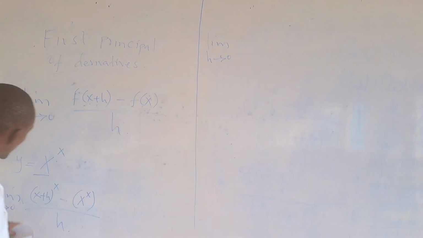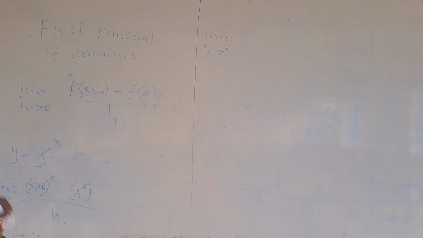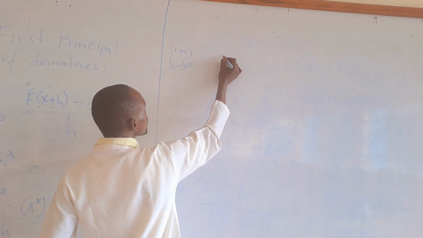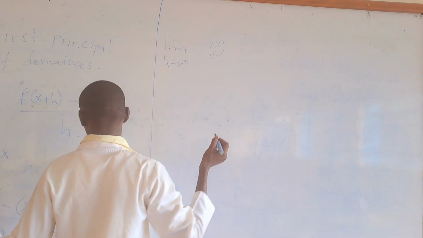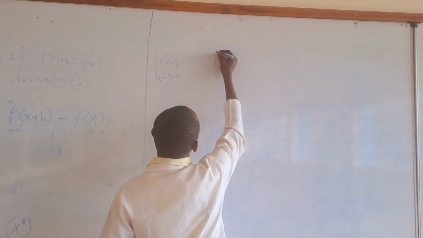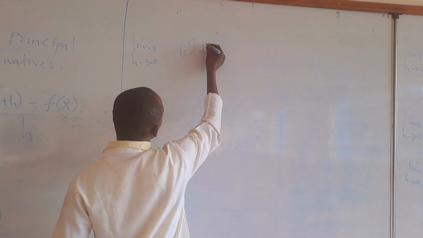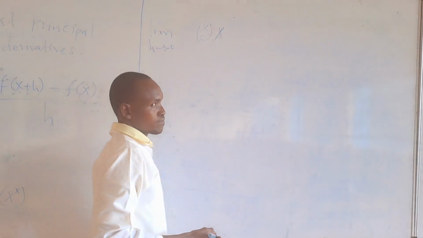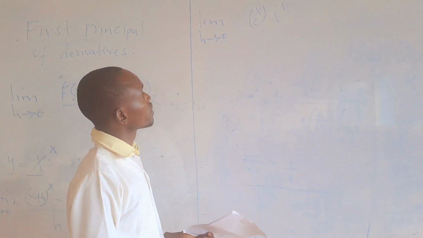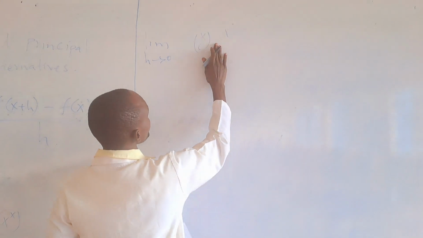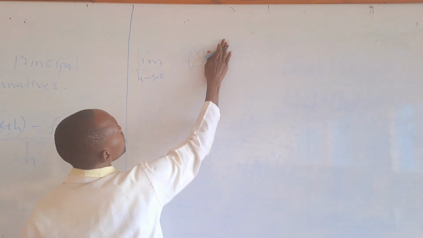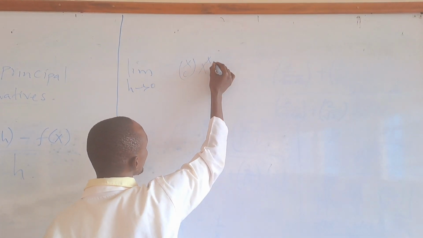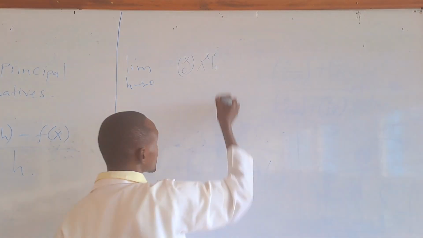If we expand this binomially, it will be x combination 0, then x raised to power x, but h will be raised to power 0.